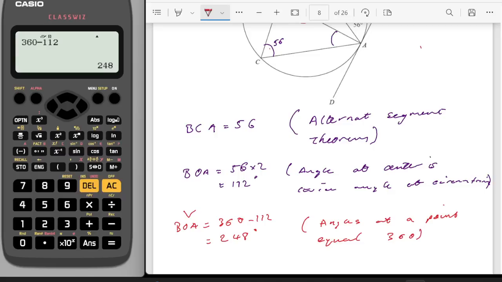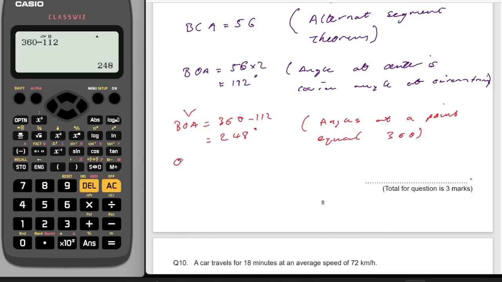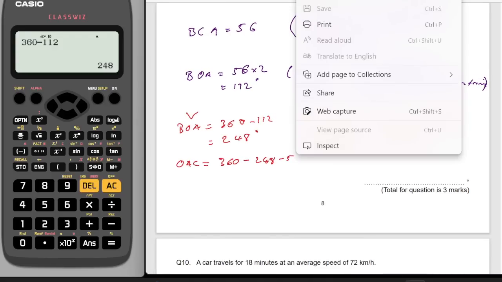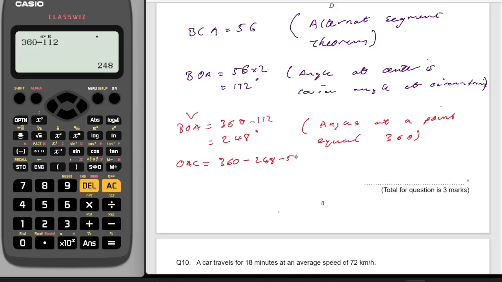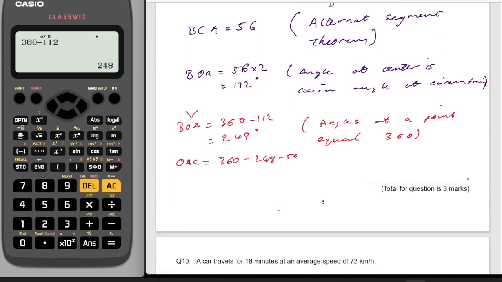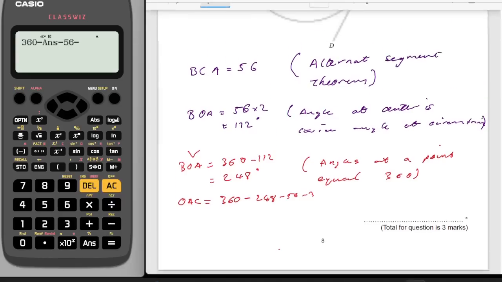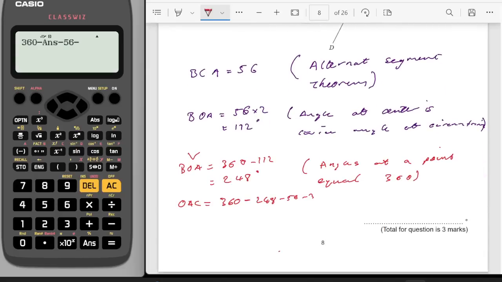And then I'm going to say that the angle that we're after, which is OAC, is going to be equal to 360 minus the angles that we know, so 248, 56, and there was one other, is it shown on the diagram? 35. So 360 minus the answer that I just worked out, minus 56, minus, and I've not written that down right, 35.